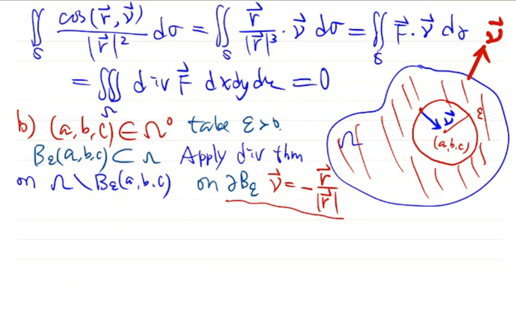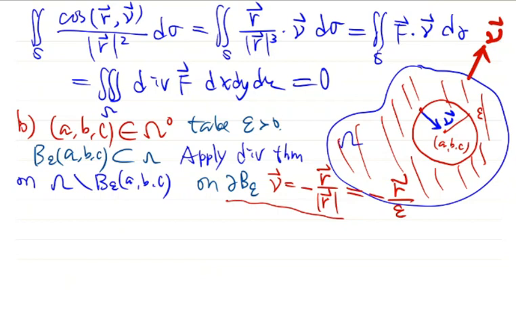And on the sphere, the norm of R is epsilon, so this can also be written as minus R over epsilon. Okay, we need this. Now we can compute our integral.